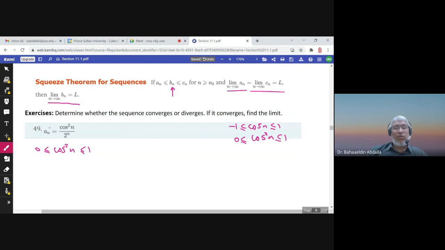So I want to put the sequence an between two sequences known to me. So what if I divide by 2 to the power n? 0 over 2 to the power n is less than or equal to cosine square n over 2 to the power n, which is less than or equal to 1 over 2 to the power n.